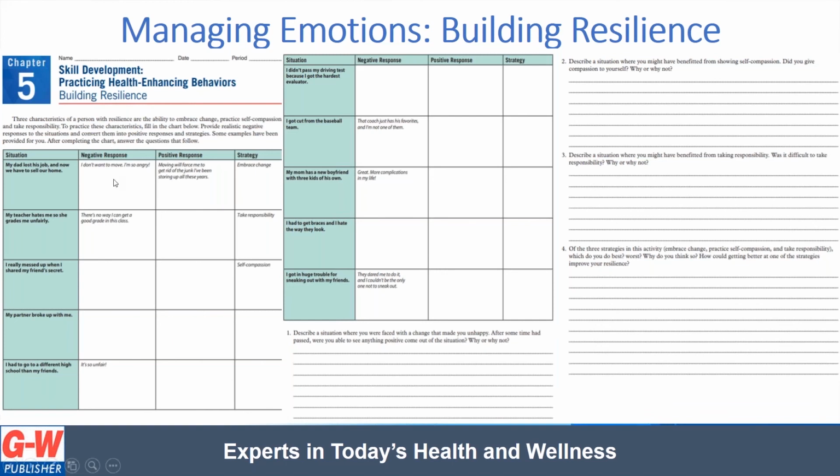And you can see that we've provided some of them for the students just to give them examples and get them started. And then others they will need to identify all on their own. And once students have had a chance to practice this in chart form, now in the reflection questions, they're going to have a chance to self-reflect and really look at their ability to build resilience and what they can do.